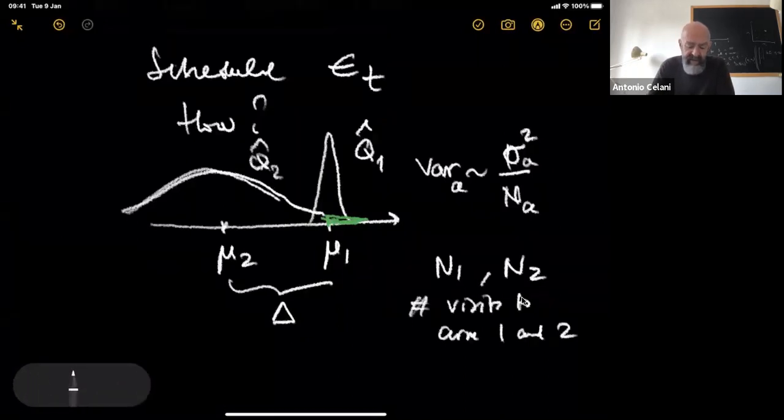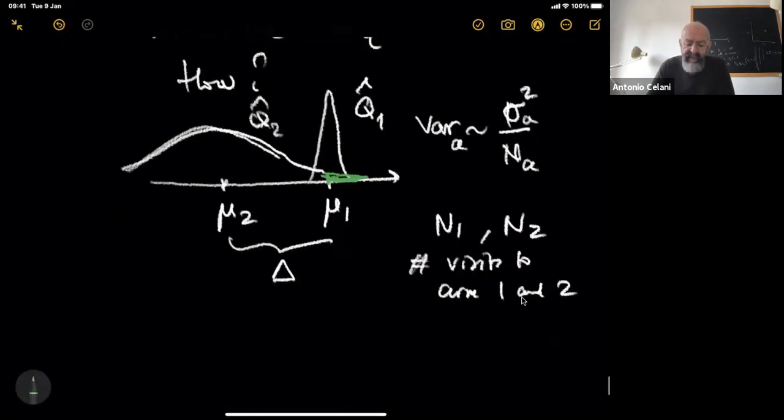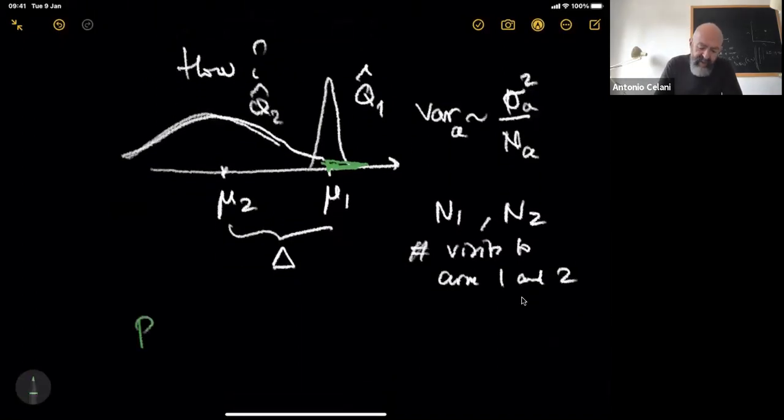So this tail here is the dangerous one. What is the probability of being there? What is the probability that Q2 is actually larger than mu1? Because this is the situation where you would be wrong according to the greedy strategy, and this is the one that you want to kill.